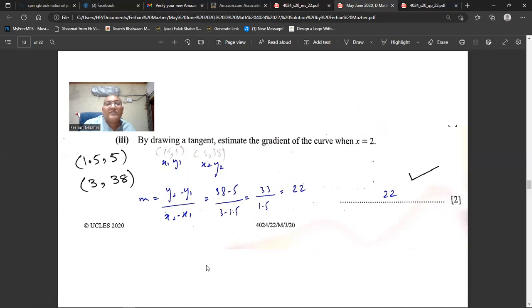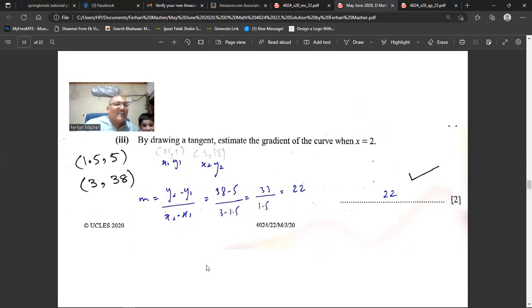So it will be 38 minus 5 divided by 3 minus 1.5. So it's 33, and 33 divided by 1.5 is 22. So the gradient of this tangent will be 22. So the gradient of that curve is also 22.